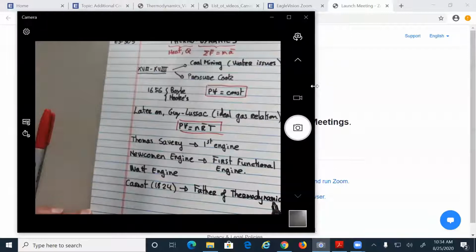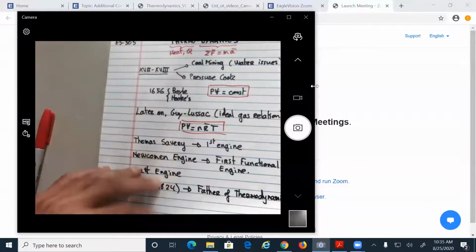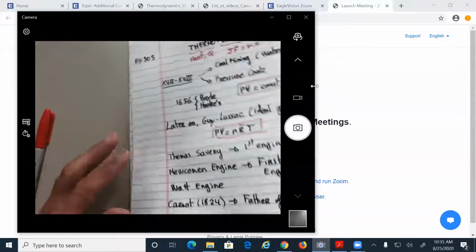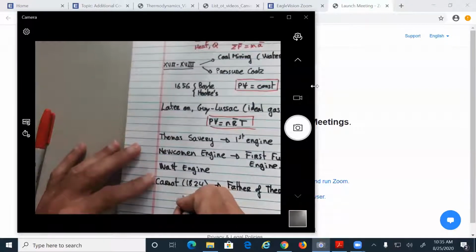So basically, what was the main first problem? When people were solving thermodynamics, they all knew the main goal was to try to obtain work from heat.